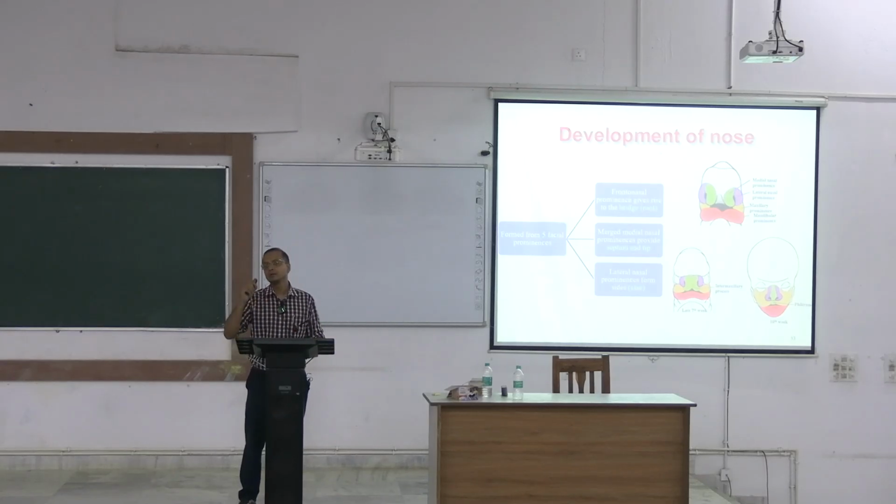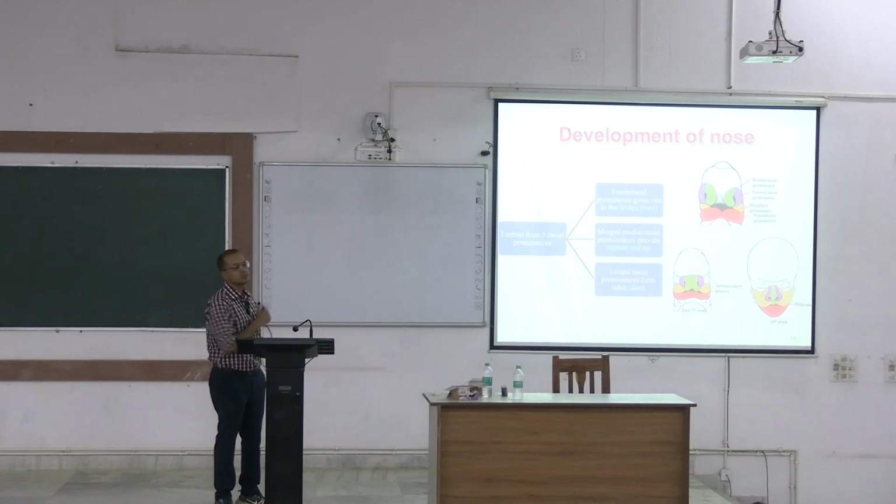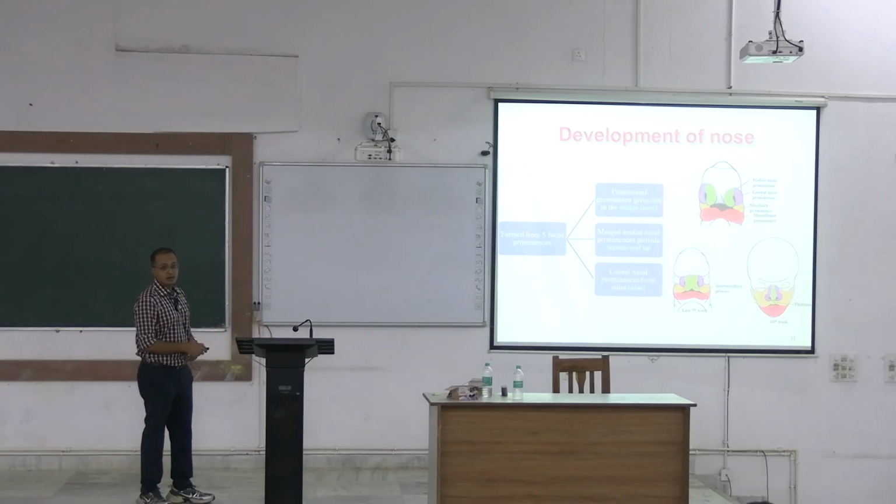So you have to know the meaning of the medial nasal prominence and of the intermaxillary prominence. What exactly do they mean? The intermaxillary prominence is nothing but this fused green part. So the medial and lateral nasal prominences fused, we give a special fused name, the intermaxillary prominence.